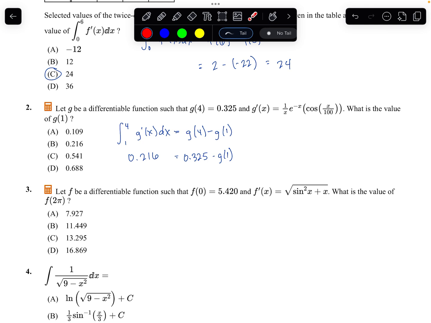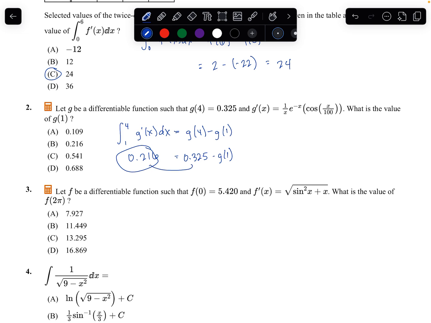And if I want g of 1, I'm going to have to subtract this from that.